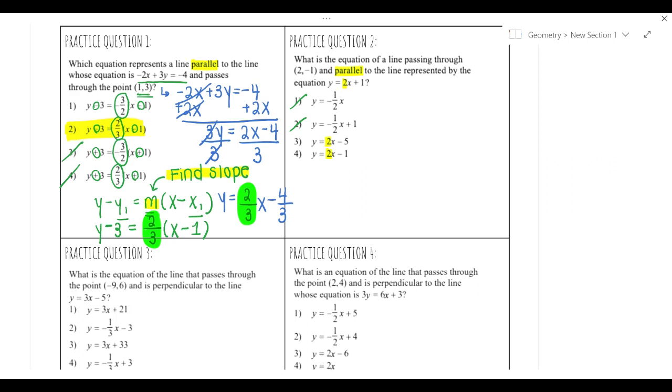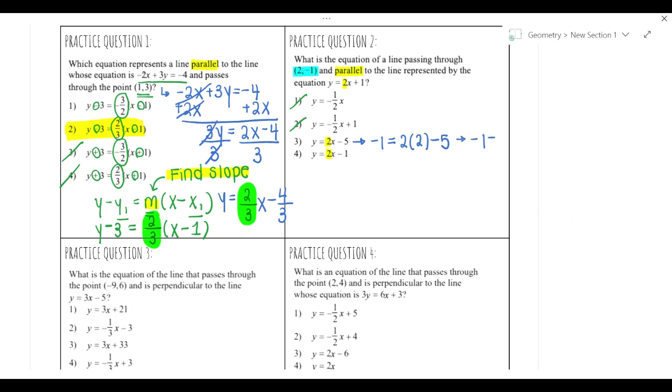Now I notice that the equation of this line needs to pass through this point here that I'm going to highlight in blue. So I'm going to use my answer choices and plug in the values (2, -1). Whenever I see y, I'm going to plug in -1, and whenever I see x, I'm going to plug in a 2. Okay, let's see what we end up getting.